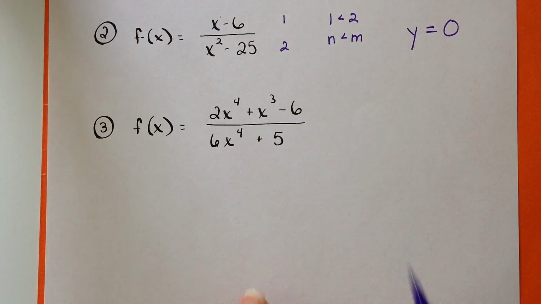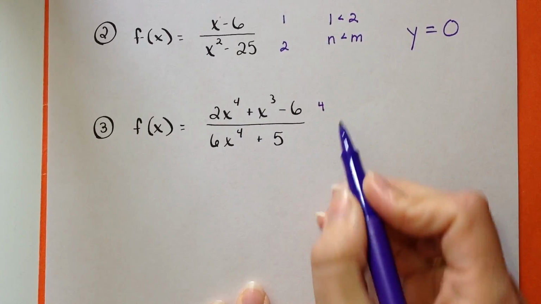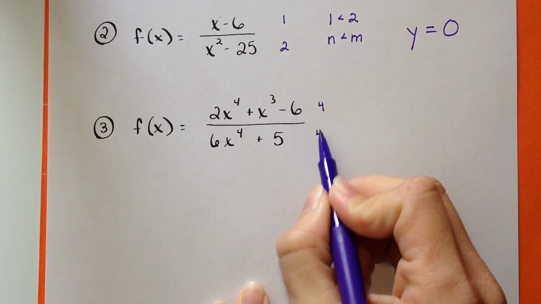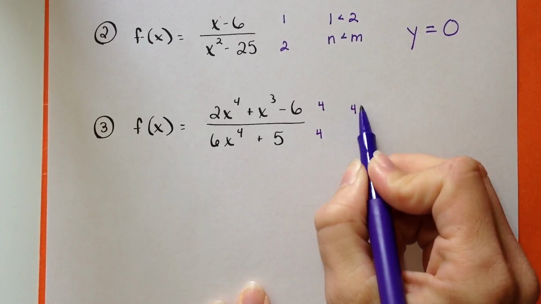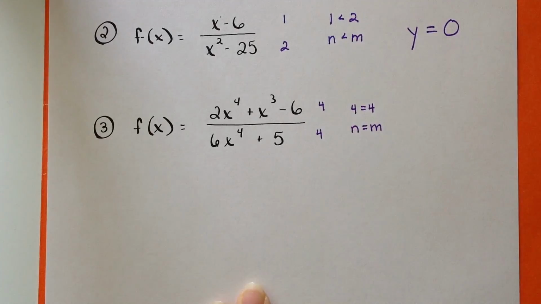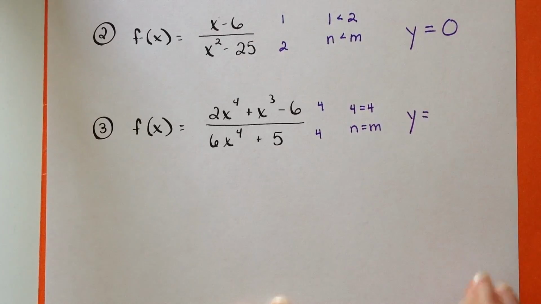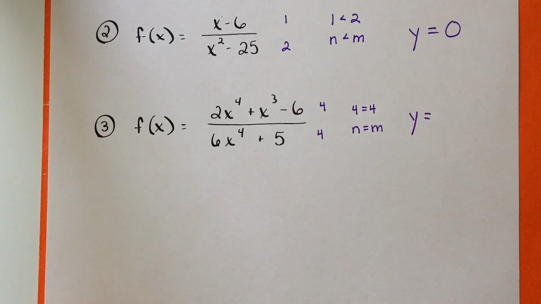The degree of your numerator will be 4 because that's your largest exponent. The degree of my denominator is also 4. So obviously this is that second possibility, in which your degrees are equal. Okay, so it says that you're going to take the ratio of the leading coefficients. Well, you know what coefficients are. Those are your numbers that you have in front of your variables.